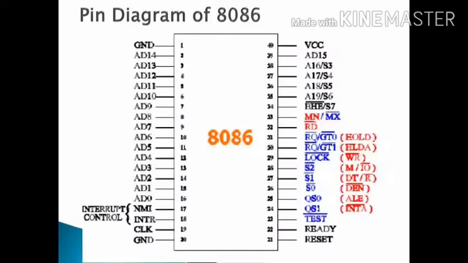Next is the ready pin at pin number 22, and this is also an input pin of the microprocessor. If it is set to 1, that means 8086 will perform the normal operation, and if the ready input is equal to 0, then 8086 enters the wait state from the next clock cycle. So it is an active high input pin. If its logic is 0, then the microprocessor will insert a wait state between T3 and T4 clock cycles.